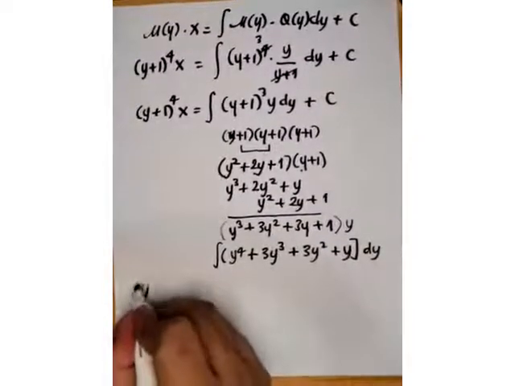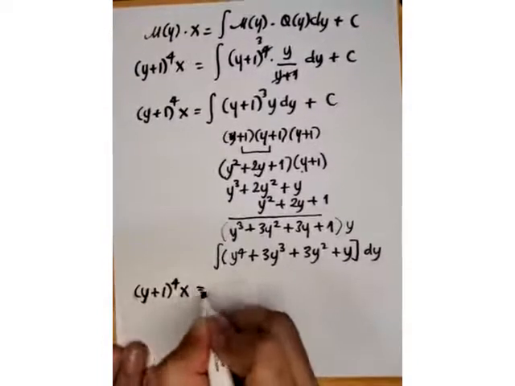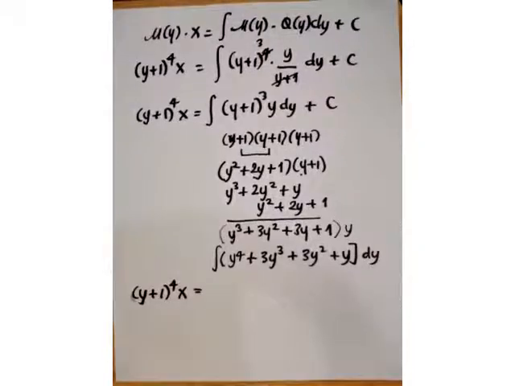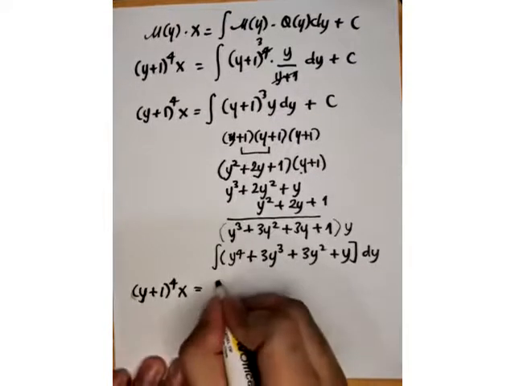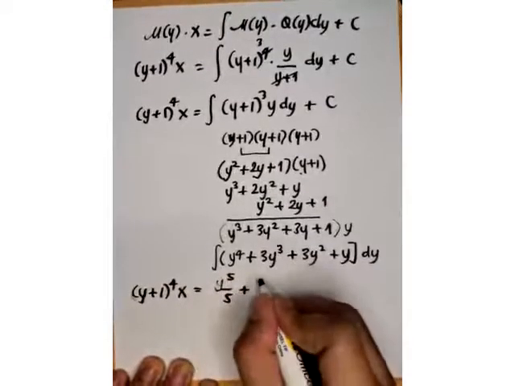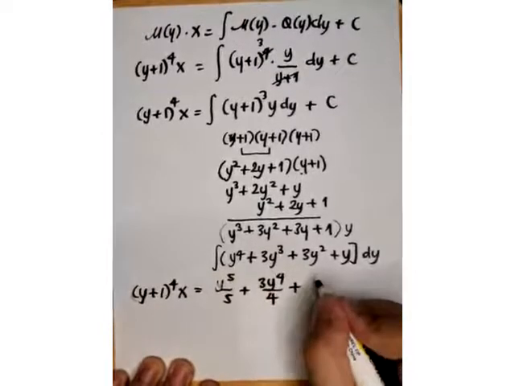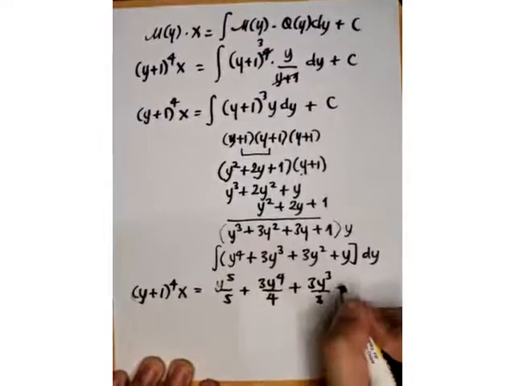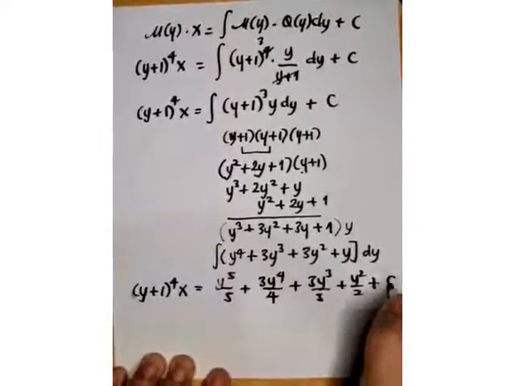So therefore, our answer is y plus 1 to the fourth x is equal to y to the fifth over 5 plus 3y to the fourth over 4 plus 3y cubed over 3 plus y squared over 2 plus c.